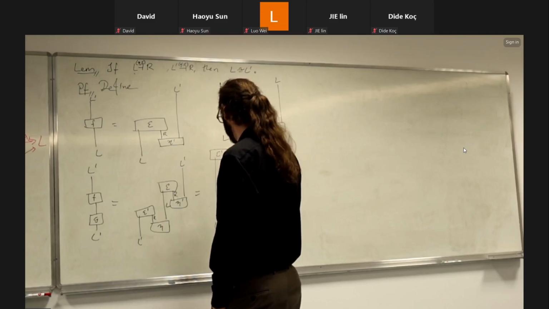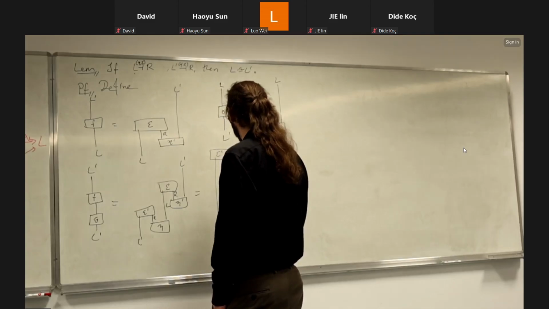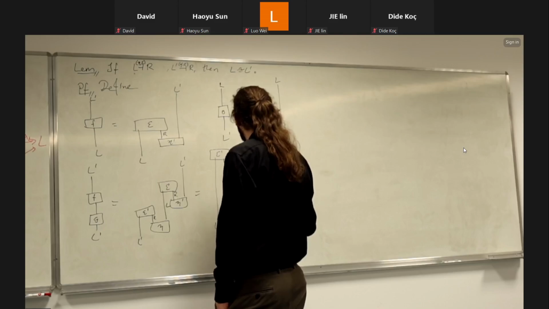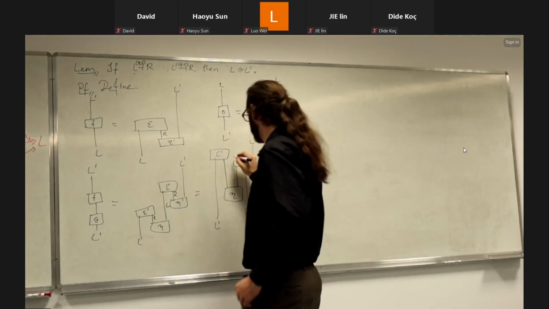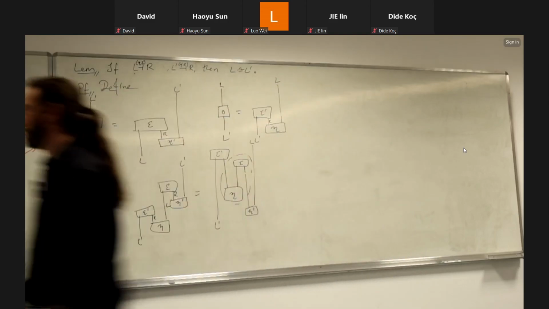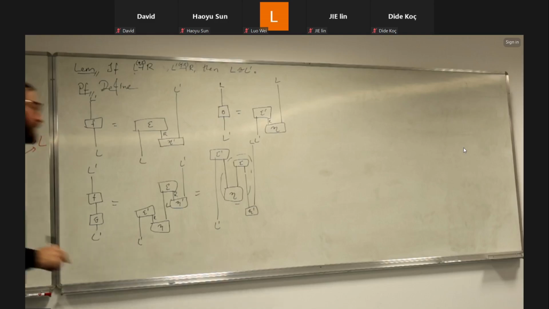Epsilon prime eta epsilon eta prime L. So now we have this nice little chunk in the middle, but by our relations, we know that that chunk in the middle is just an identity.